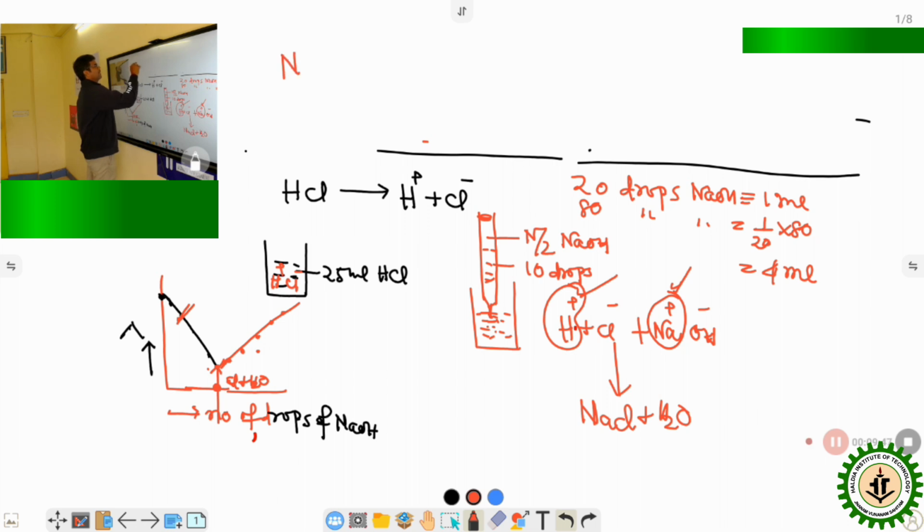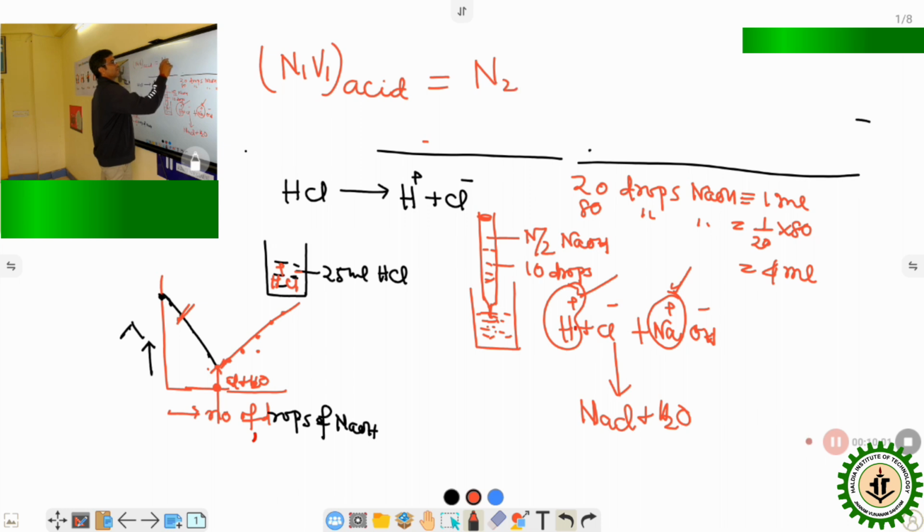Say N1 V1 is for your acid, and N2 V2 is for this base.